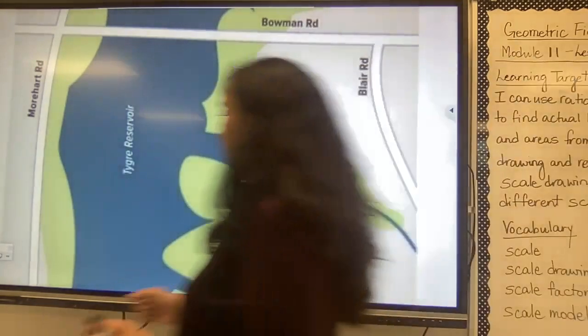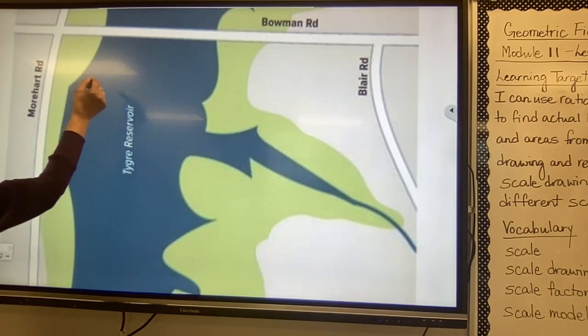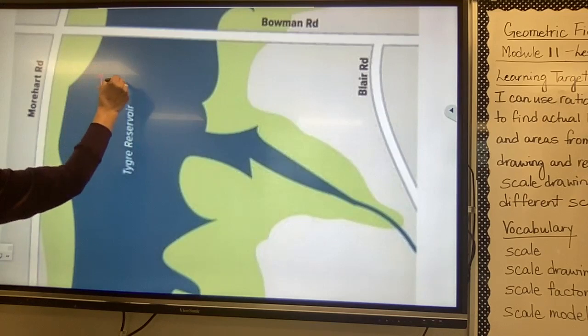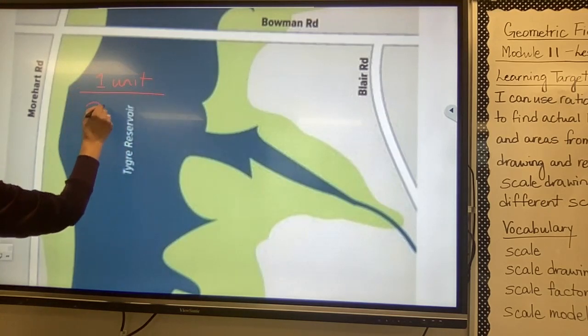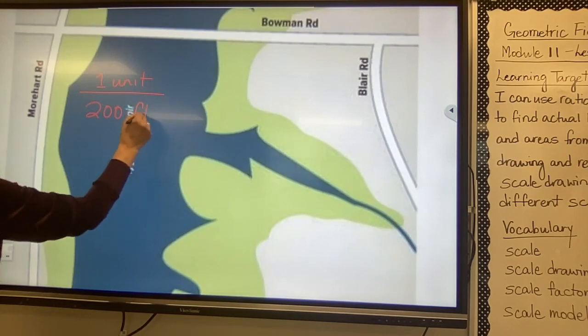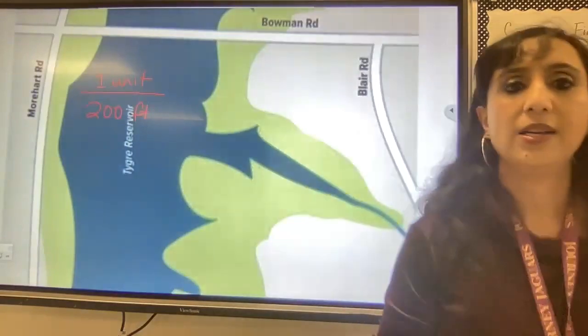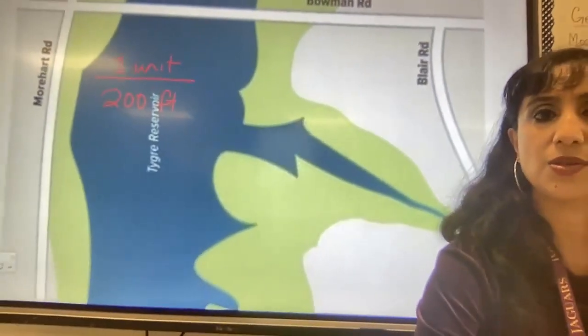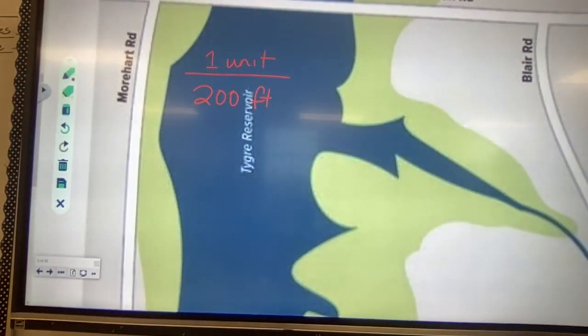All right. So if I look at this, this is the map over here. It's saying 1 unit is 200 feet. Here let me try to get this a little closer so you can see better. There we go. All right, 1 unit is 200 feet.